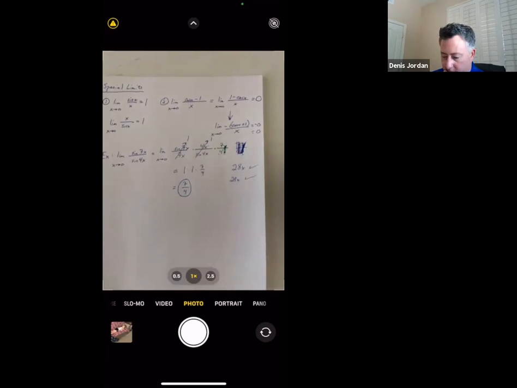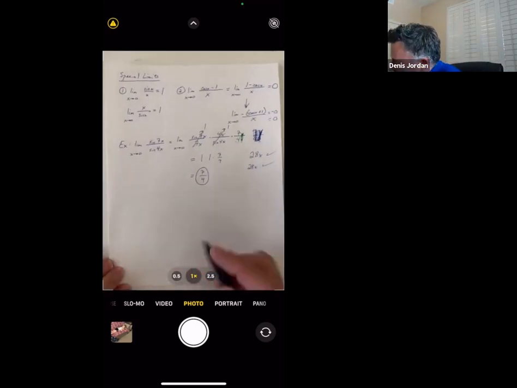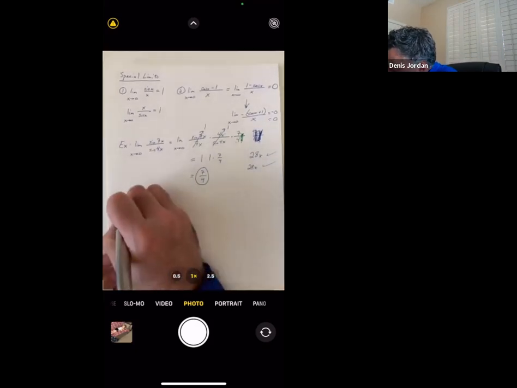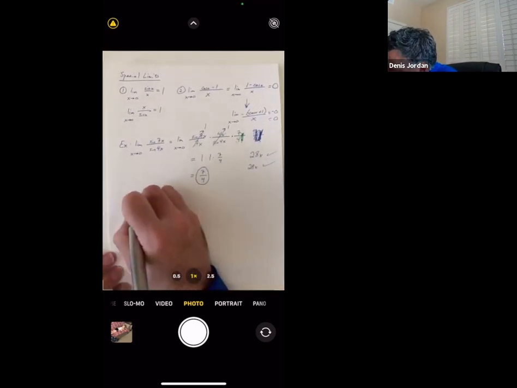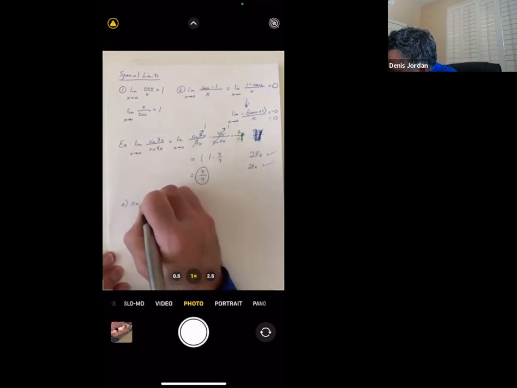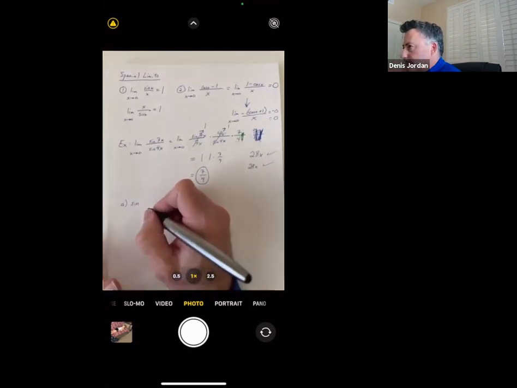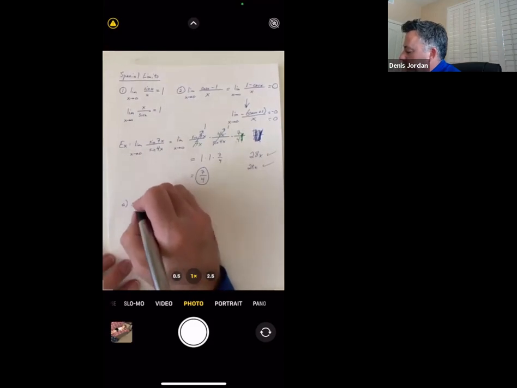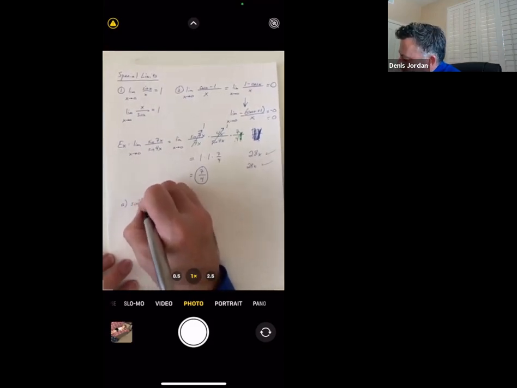Okay, let's see. I'm trying to think of other non-calc stuff to know. Oh, yeah. Let's see, what's inverse sine of a half?